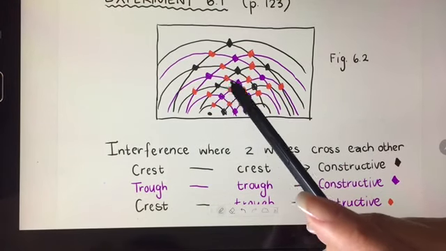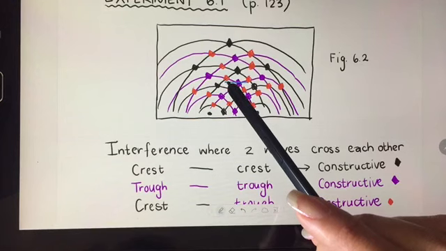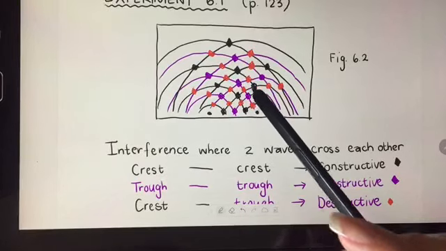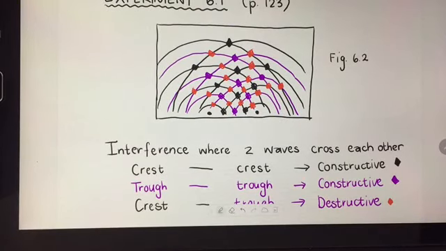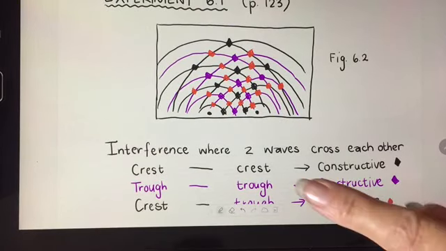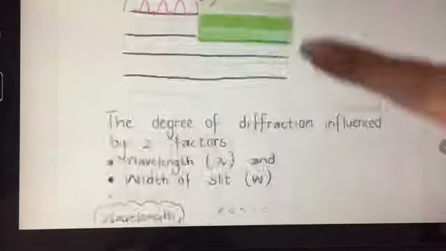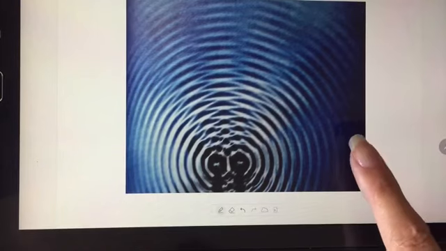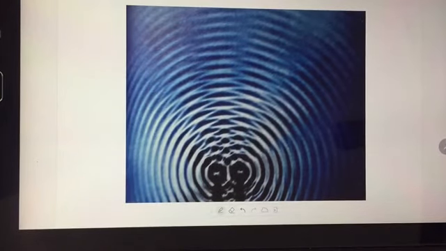Where a purple and a black line meet, it means a crest from this source, a trough from this source. And what is that going to be? That is going to be destructive interference. So if we go back to the picture, it looks something like this.